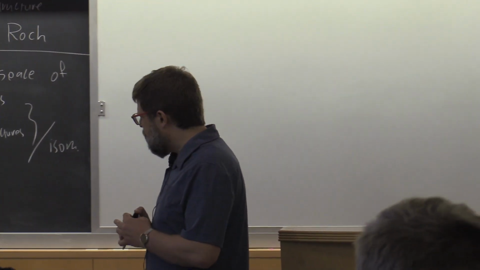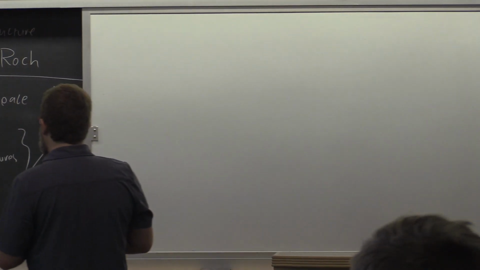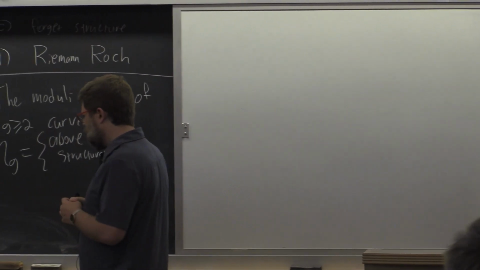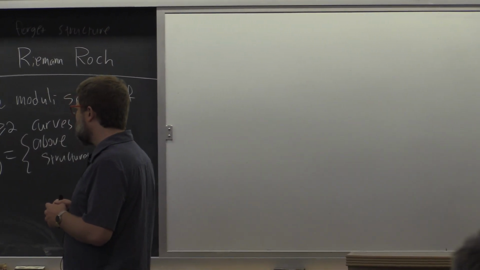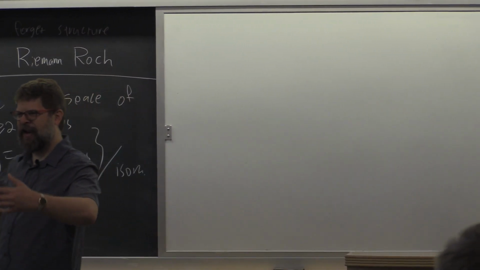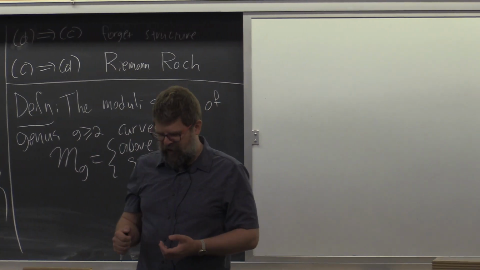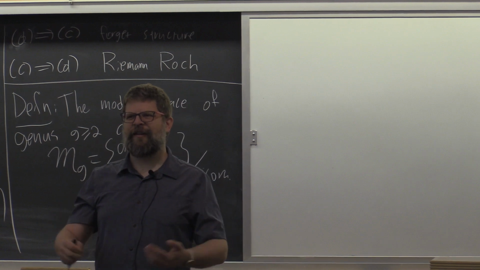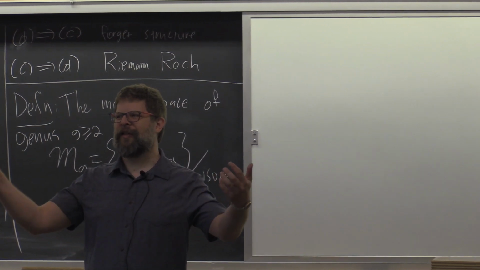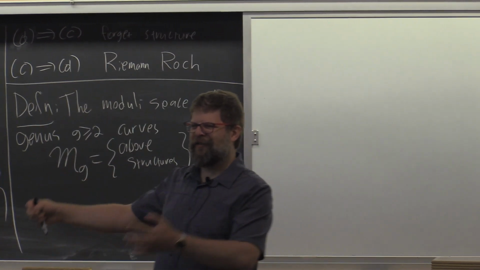The final construction of this is due to Deligne and Mumford in the 70s, the last step of this, who constructed this in such a way that M_g is a quasi-projective variety that's defined over the integers, which is a remarkable thing. So that took a lot of different steps to get it.